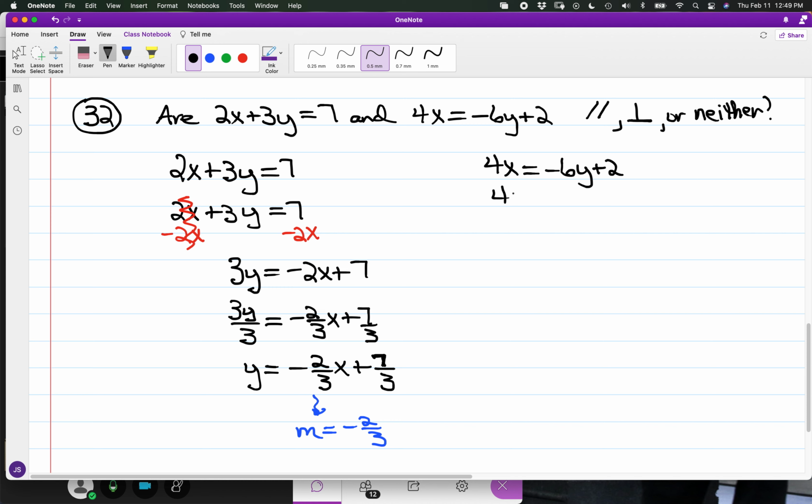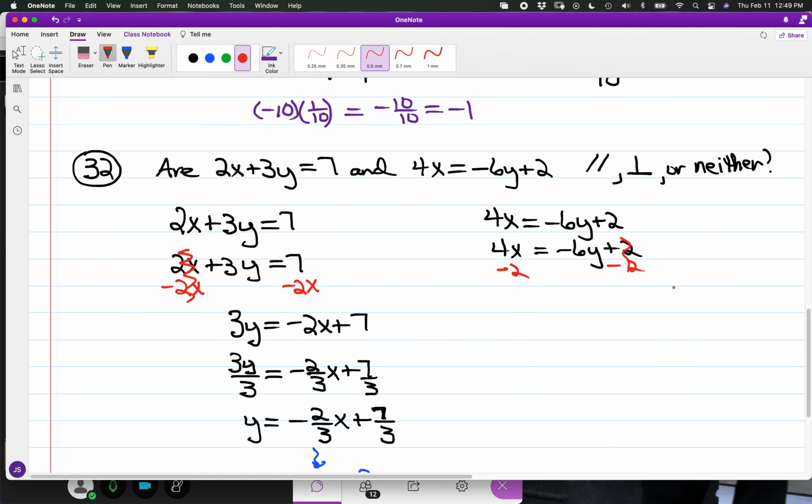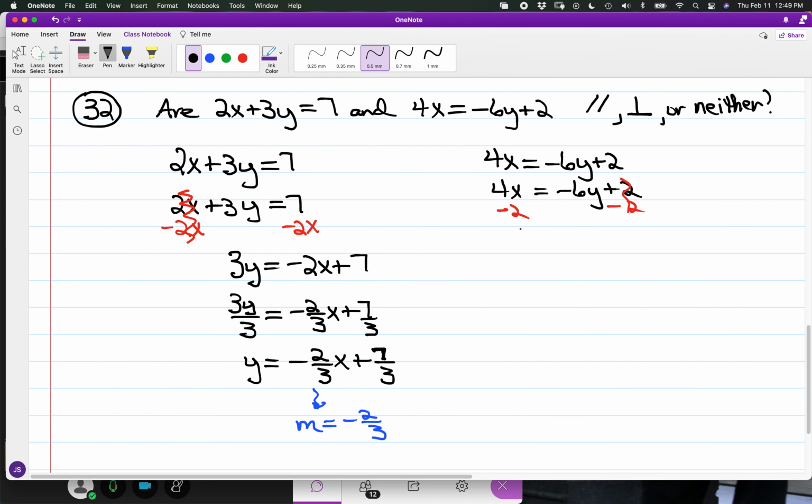If I isolate the negative 6y by subtracting 2 on both sides, we have 4x minus 2 is equal to negative 6y, and then dividing these terms out by negative 6.